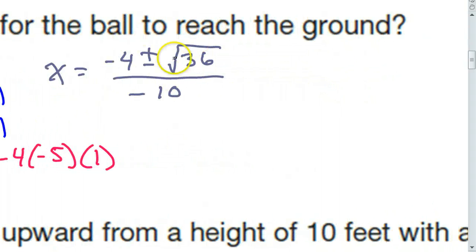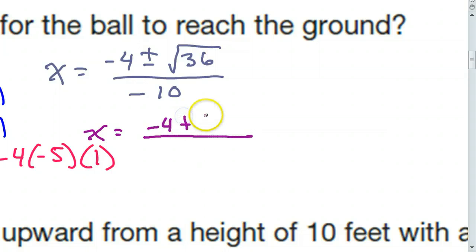So we just have to simplify this. This gives us x equals negative 4 plus or minus 6 over negative 10, because the square root of 36 is just 6.